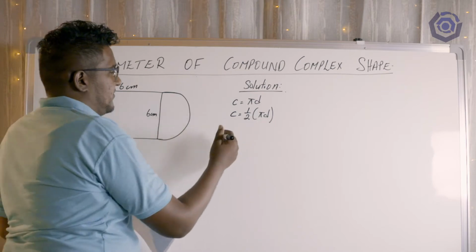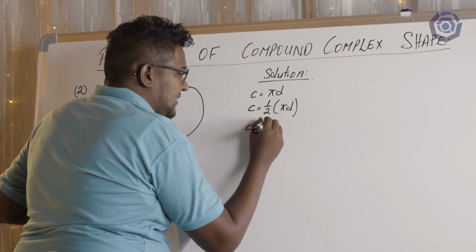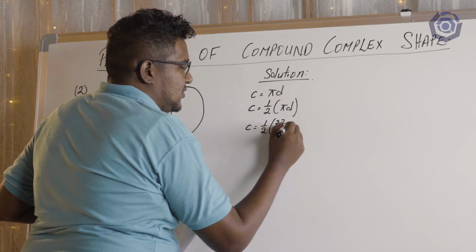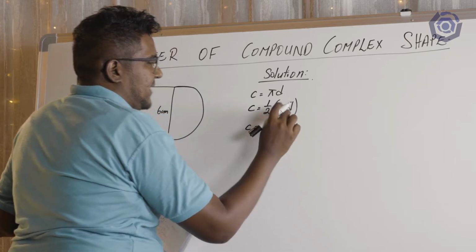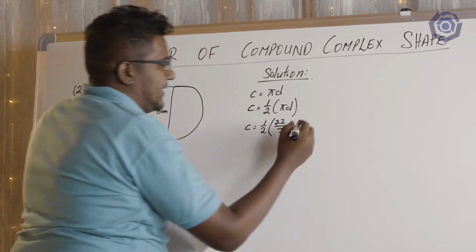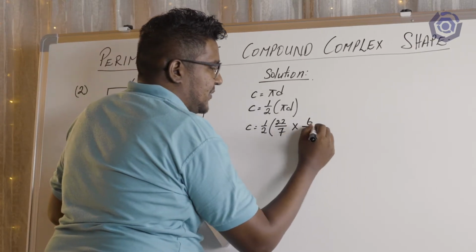So let's substitute our values. So c is equal to a half. We can remember that pi is 22 over 7 multiplied by my diameter, which is now this entire length here, and that is 6. Make this into a fraction, we put it over 1.